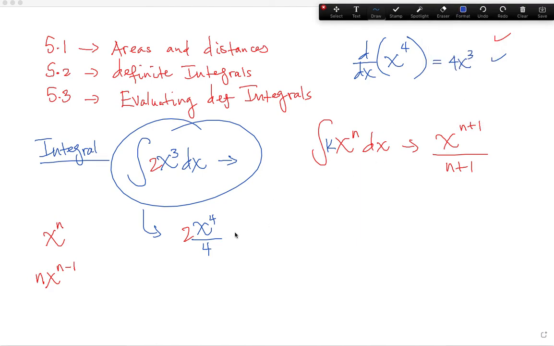Now, maybe your teacher or the sub reminded you. When you're doing antiderivatives, what is it that you mustn't forget at the end? The plus C thing. Exactly. Plus C. Let's set aside the 2 for now.